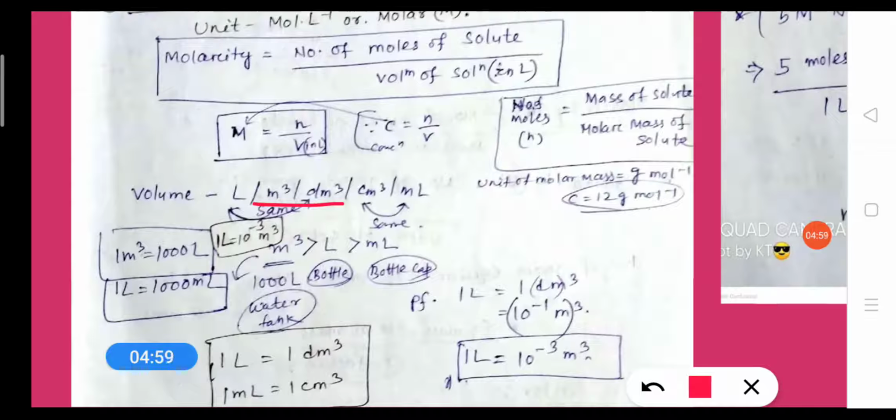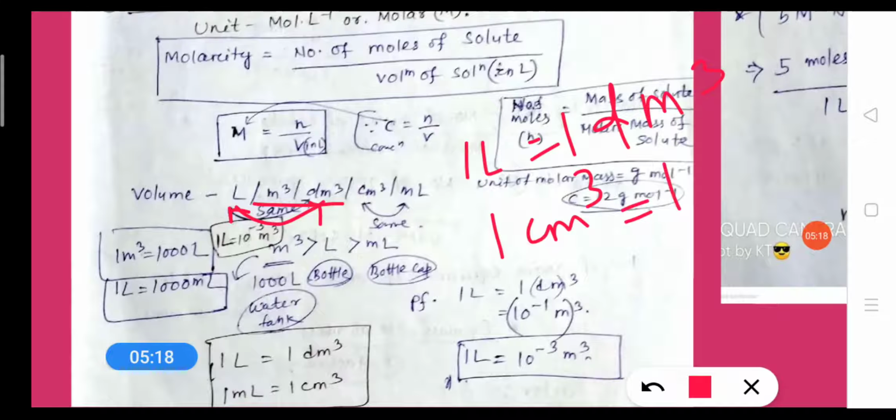Here we discuss their conversion. You note down that 1 liter is equal to 1 decimeter cube, and 1 centimeter cube is equal to 1 ml.